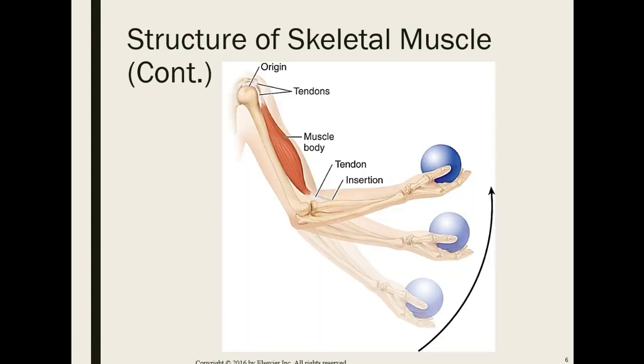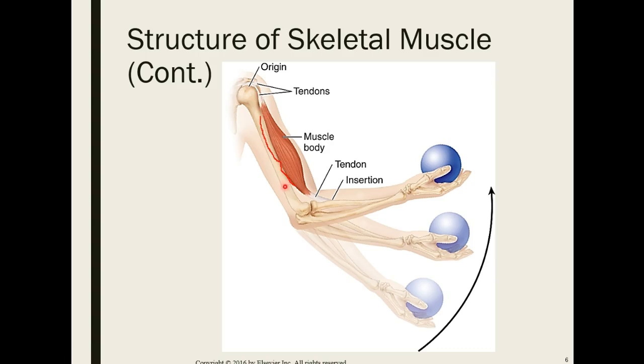So if we look at this picture here, we can see it's referring to the biceps brachii. So this is the biceps muscle. The origin is going to be this section up here, mostly that tendon that's attaching to the stationary bone.